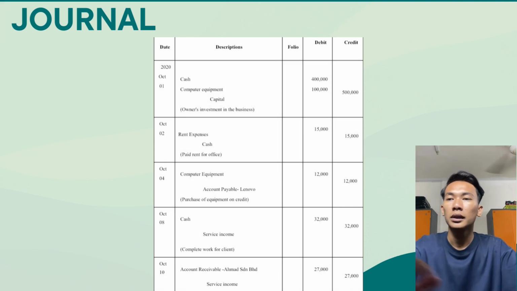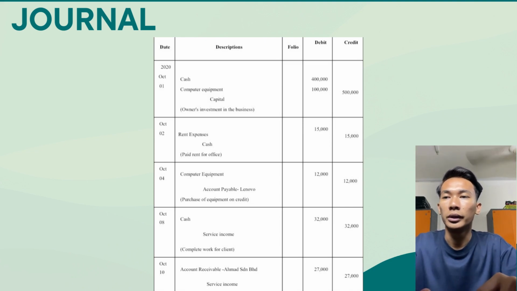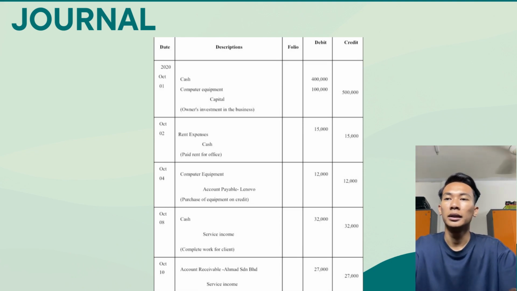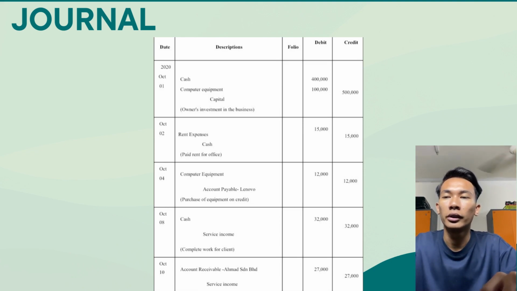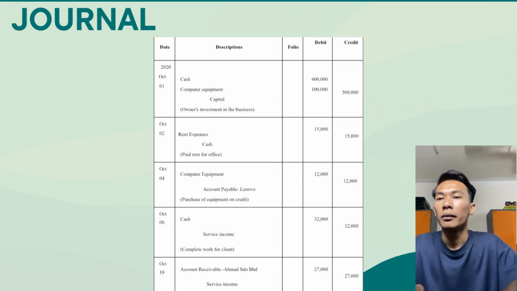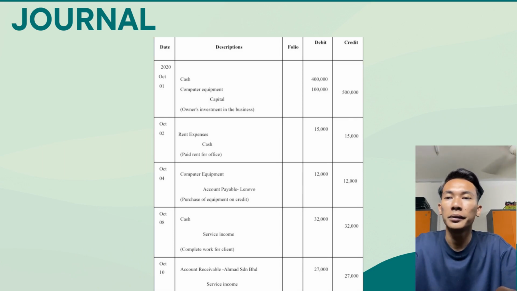As a sample, on 1 October 2020, the cash is 400,000 on debit and computer equipment 100,000 on debit, capital 500,000 on credit. The reason is investment in the business. And 2 October, rent expenses 15,000 on debit and 15,000 cash on credit. The reason is paid rent for office.